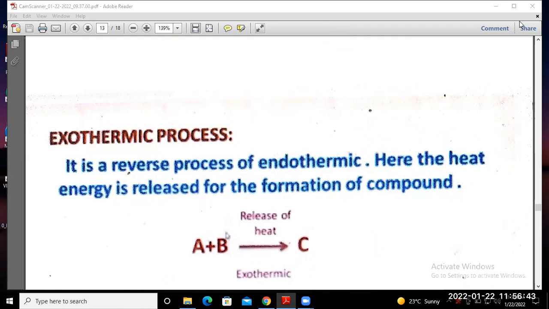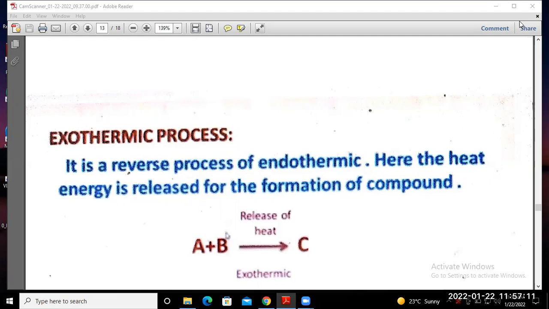So this is the exothermic and endothermic process. The smallest example for exothermic and endothermic is water, which we are considering. If you combine H2 plus O and make H2O, that is water, so this is your exothermic process, where heat is released.